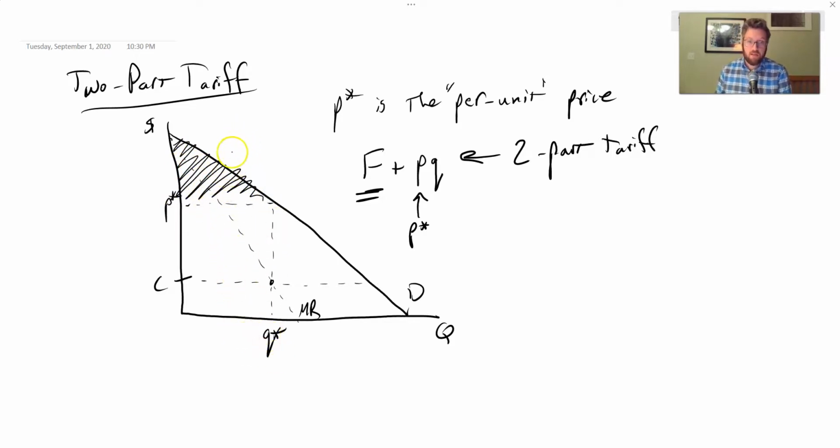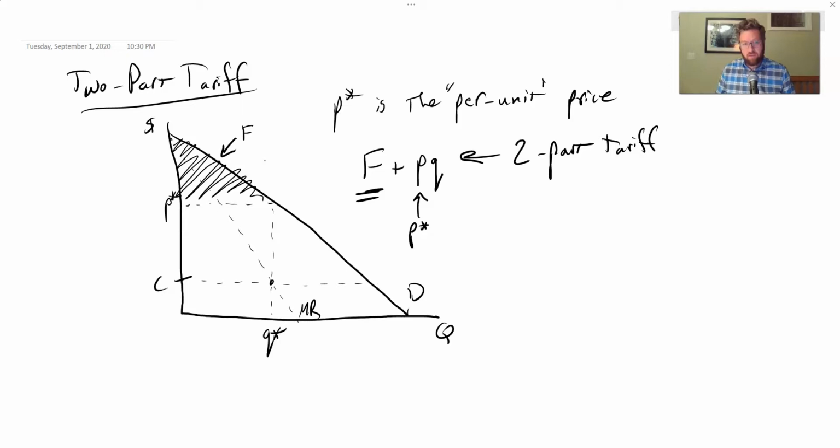So if you set F equal to this area, they'll get zero consumer surplus, but they'll still make the purchase because they get zero if they do it, zero if they don't, so they're equally well off. You can give them some tiny penny worth of surplus to push them over the edge, and we just ignore that.